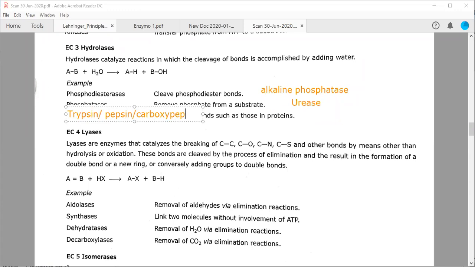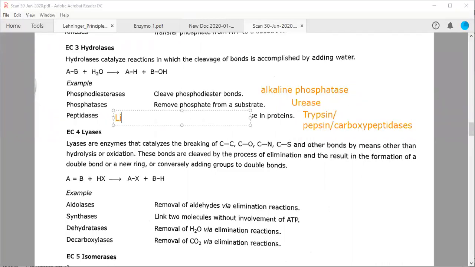And you should remember all the peptidases which are able to degrade the proteins are coming under this particular class. These are all peptidases which will cleave the protein. Lipase can also come under the same category of this class.